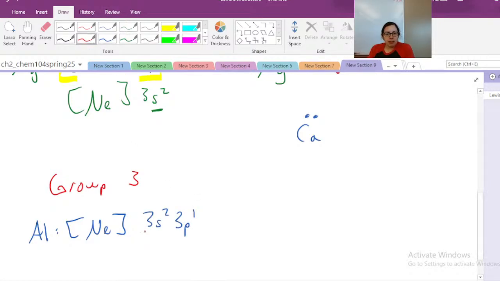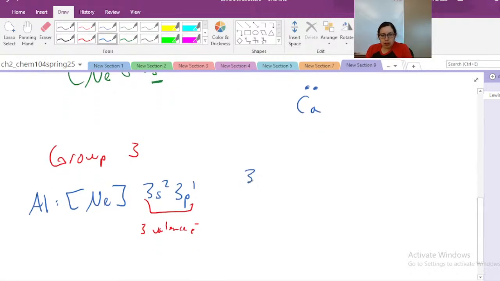So now we can clearly see there are my 3 valence electrons for aluminum. And then again, I like to set this up as a reminder of what our Lewis dot structure is going to look like. So 2 electrons in the s, 1 in one of the p's, and so our Lewis dot structure should look like that in theory.